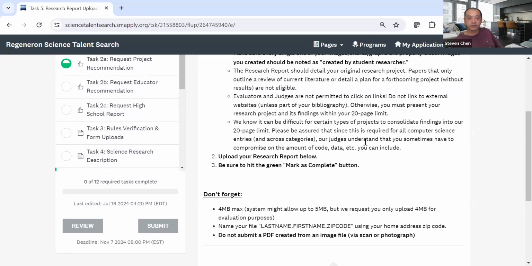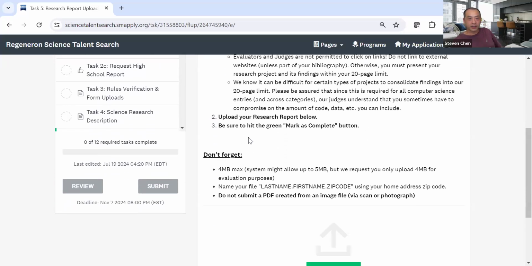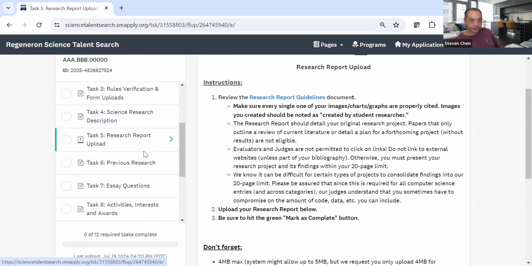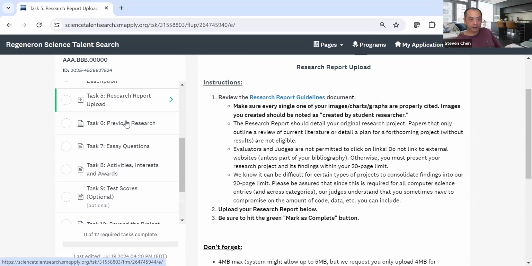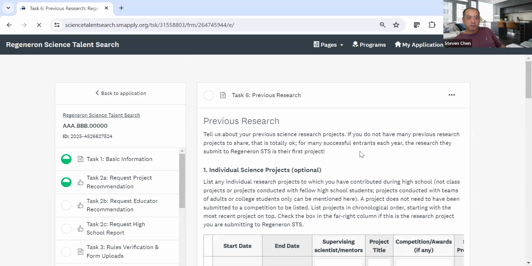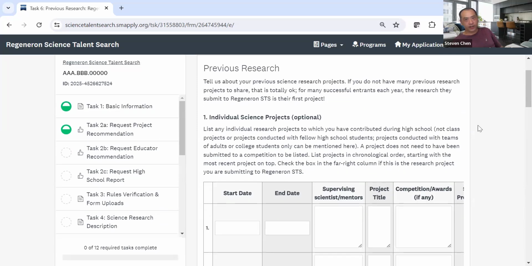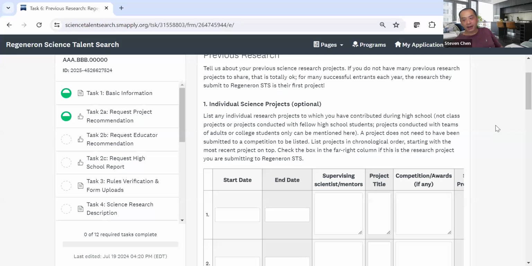Okay. All right. So those are about the research report. The next thing. Beyond the research you want to submit for STS, STS also asks you about your previous research experiences. This typically happened in the past in this evaluation.